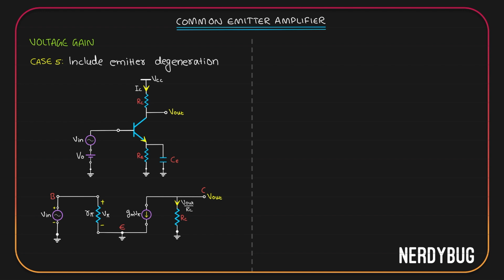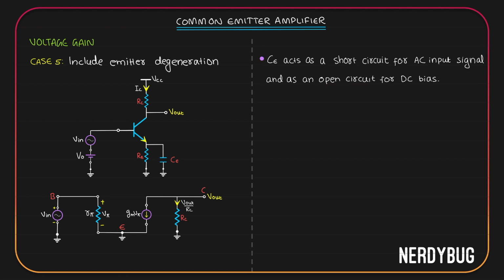So, in the small signal model, it is as if RE is not there at all, which will make the gain minus gm times RC instead of minus RC divided by 1 by gm plus RE. It is as if the capacitor is there in the circuit for the DC analysis, that is when we are doing the biasing, and it is not there for the small signal model. Let us write this down.